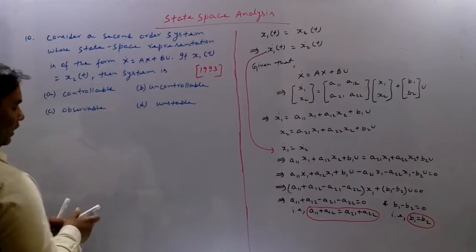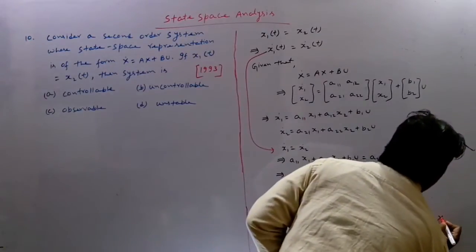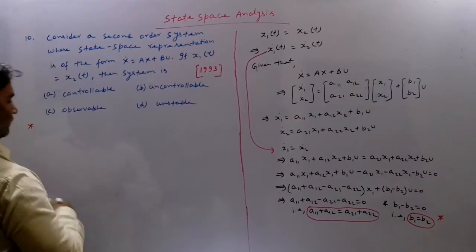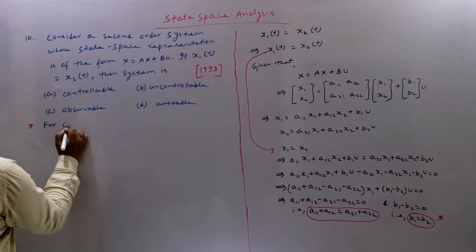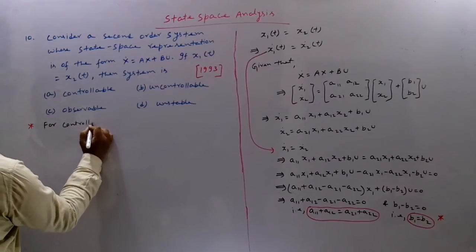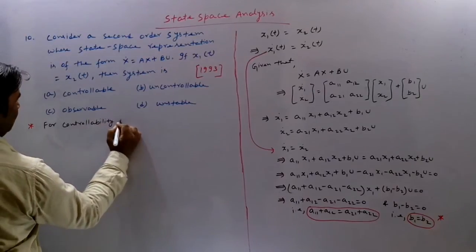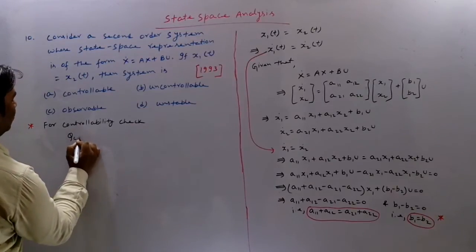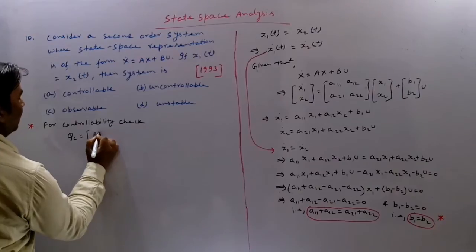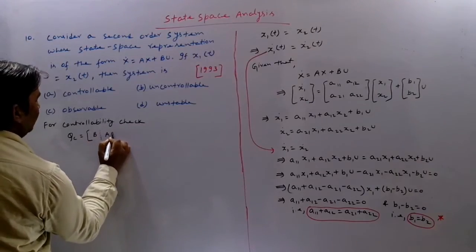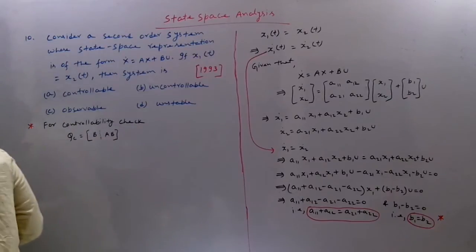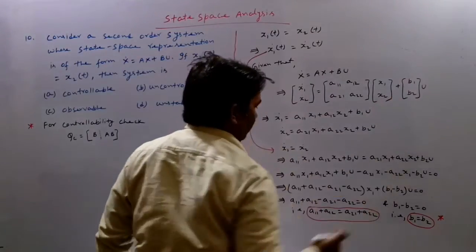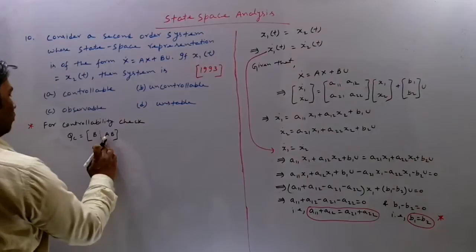For the controllability check, we have to form the matrix QC, and matrix QC is nothing but B partition AB, right? So now what is B? B is b1 b2, and we have to calculate AB first.